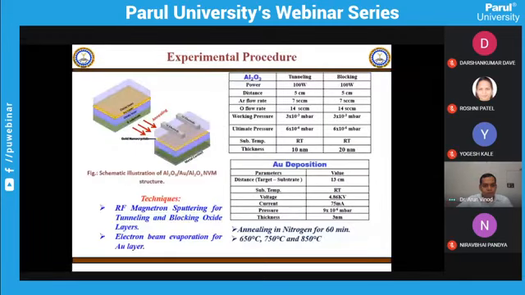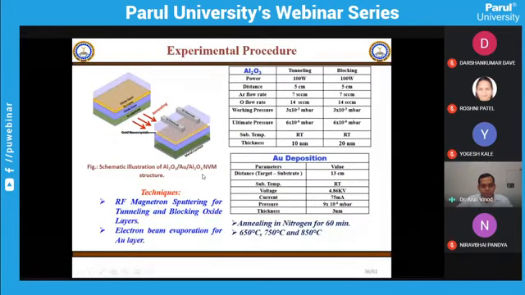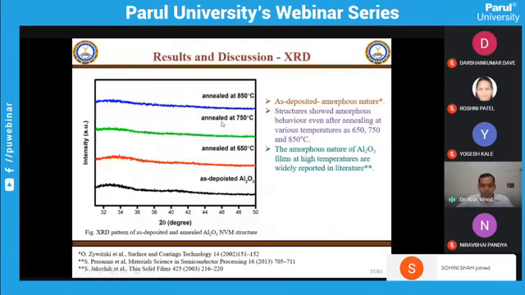We deposited the aluminum oxide by the sputtering technique, just like the previous structures, and we annealed the samples at 650, 750, and 850 in nitrogen atmosphere. And the results for Al2O3 are quite understandable.